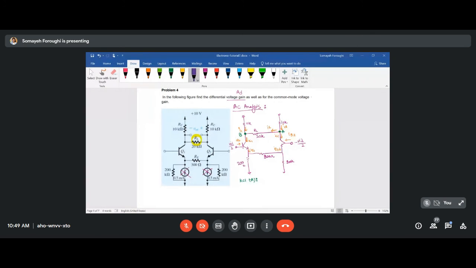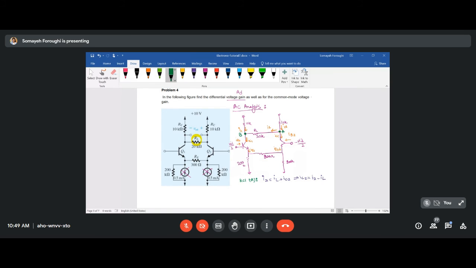If you do a KCL at node A, you know that I2 is entering the node and IL and IC2 are exiting the node. Then from here, IC2 equals I2 minus the load current. That's IC2.